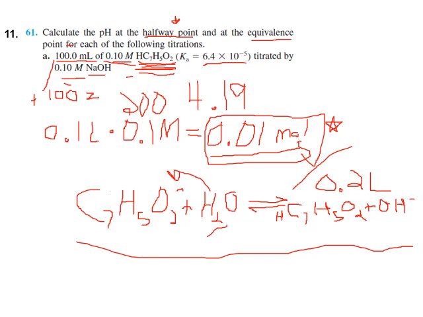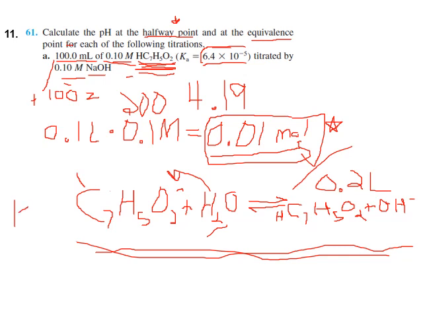Is it this right here? And the answer is no, because this right here would be what we would use if we had this thing written the other way around, this way. But we don't. So we have to use Kb for this stuff right here.